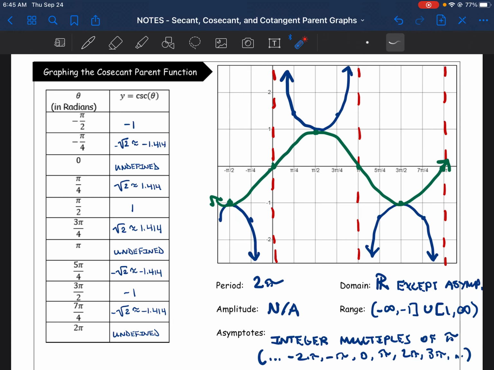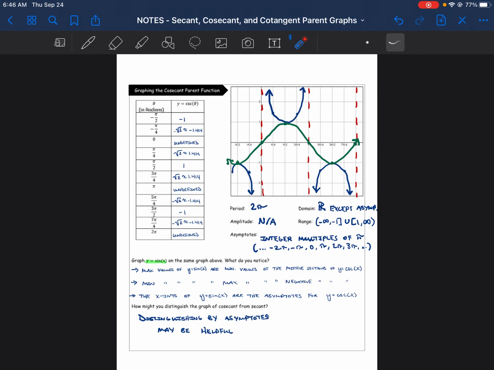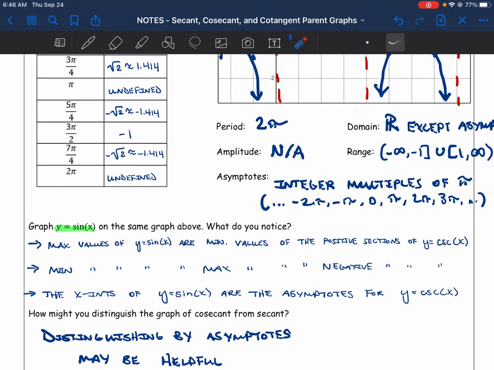And we can also see, just like with the secant and cosine, that the x-intercepts for sine are the asymptotes for cosecant. So they share that similar relationship as we saw in the previous graphs. So there are our relationships. You can take a moment to pause and write those down if you need to.